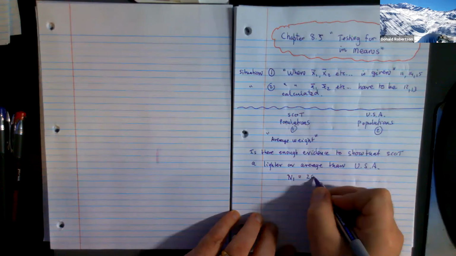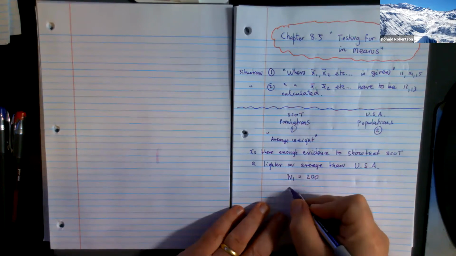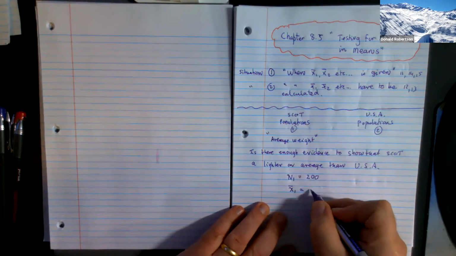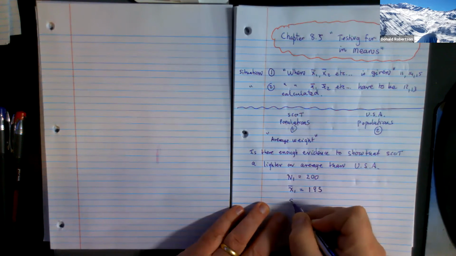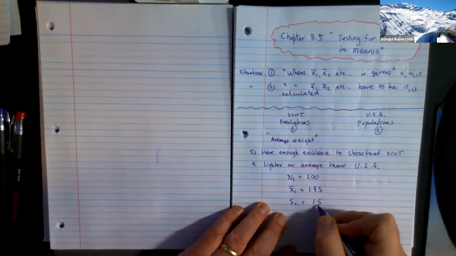So we randomly got 200 Scotsmen and women, and we found that their average weight was 195, and that the standard deviation of this was 15.